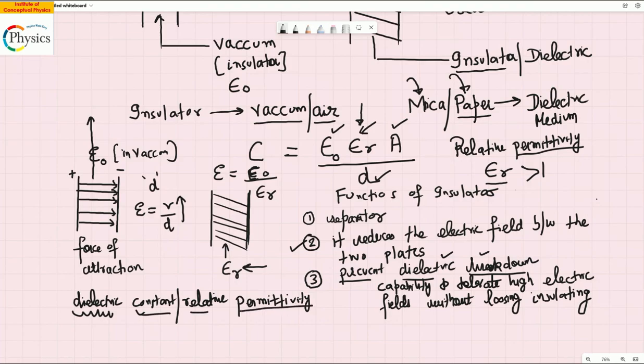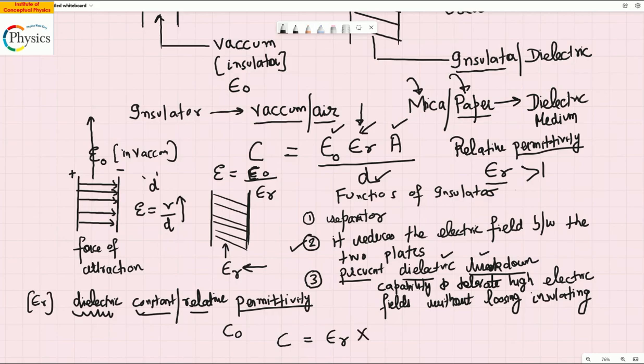What is it used for? We have already discussed. And how does it impact the capacitance? If the capacitance of a parallel plate capacitor in air or vacuum is C naught, the capacitance goes up when you introduce a material. The capacitance will go up by a factor of epsilon R, which is the relative permittivity.